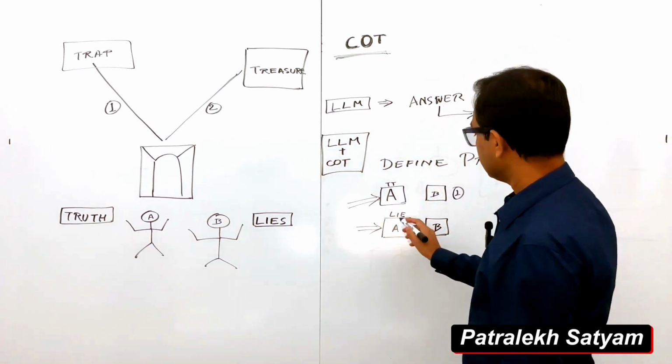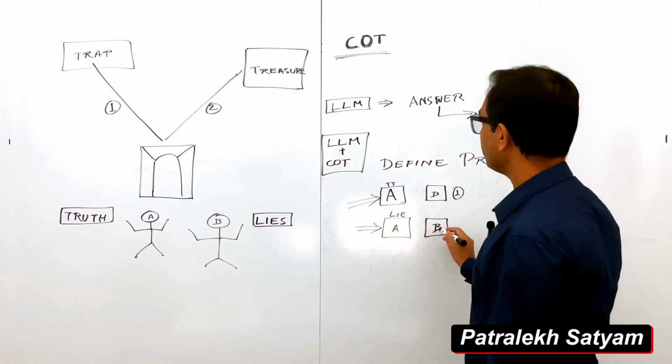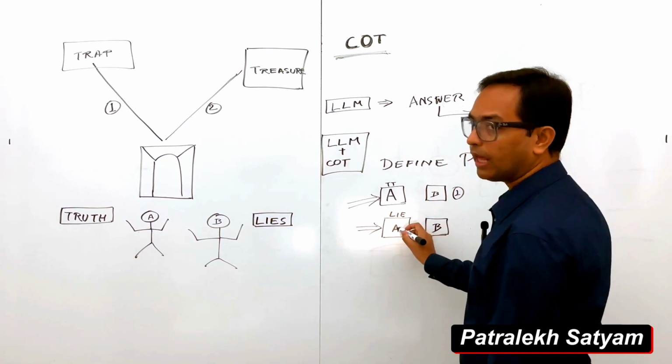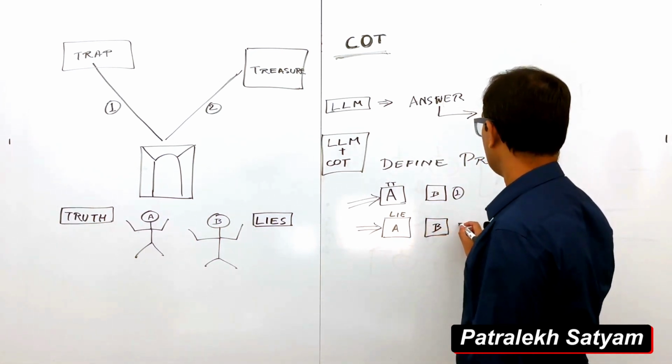Which way to go? This guy is a liar. B would always say the truth. So B would always tell me 2. But now this guy will lie, and it will say, if you go and ask B, B will tell you 1.